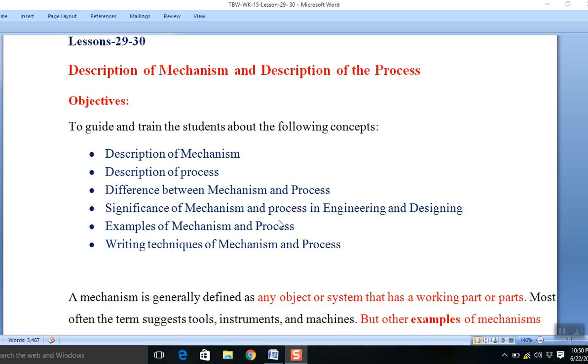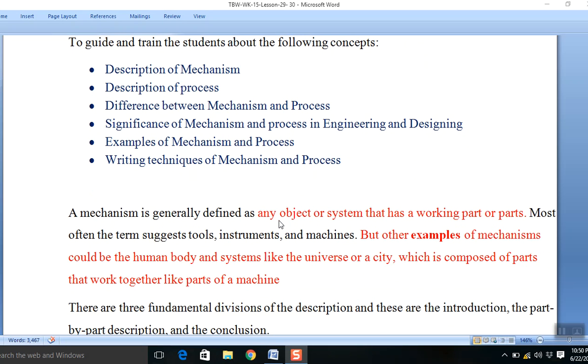Well, the very first concept we have is mechanism. What do we mean by mechanism? Mechanism in general sense is called functions, the mechanical working of some machine, an object or a system.